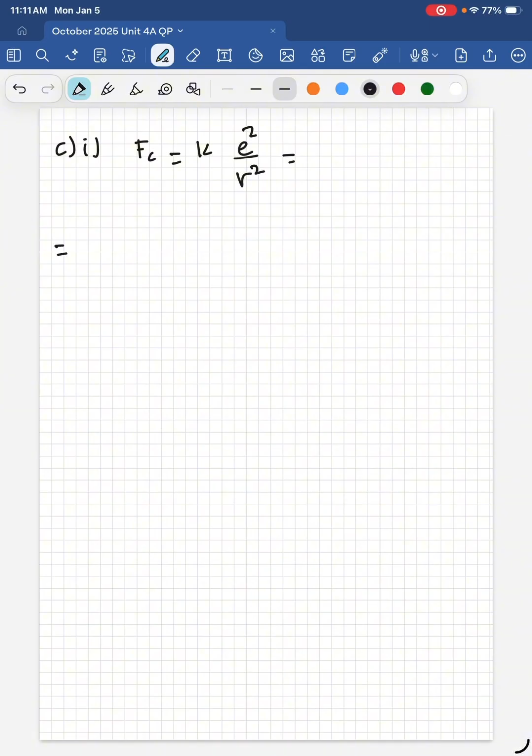Okay, so we have 8.99 times 10 to the 9. Let me use some units for a change. So all the way to the right, as always. K has units of newtons times coulombs to the minus 2 times meter squared. Okay, did I miss something?